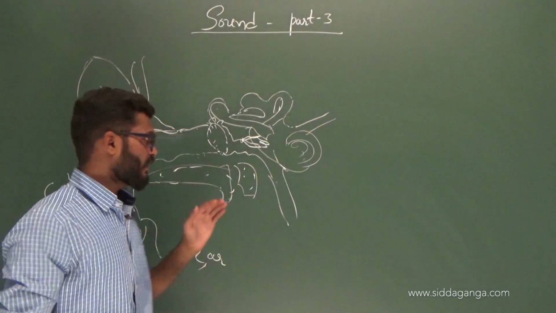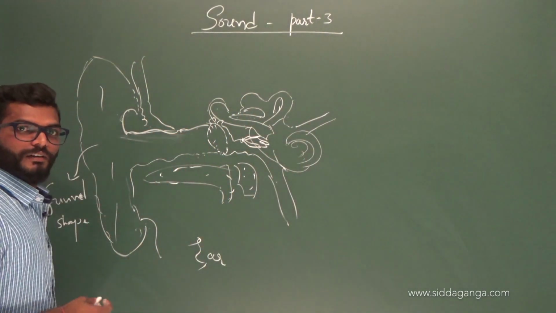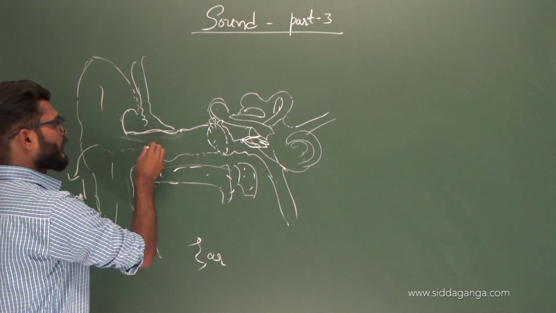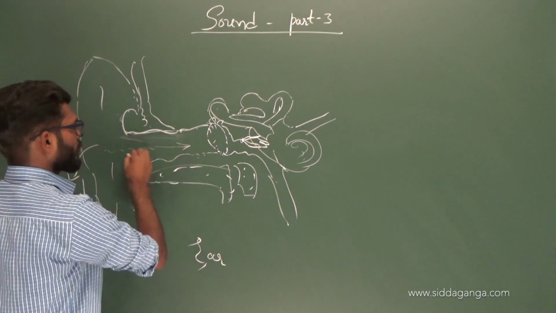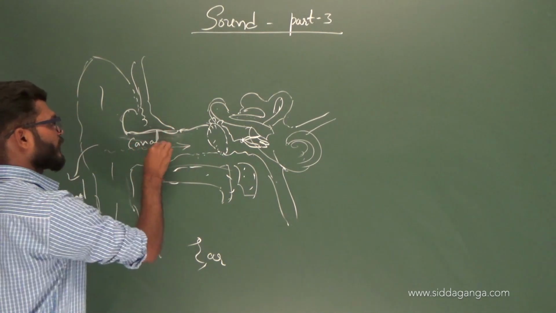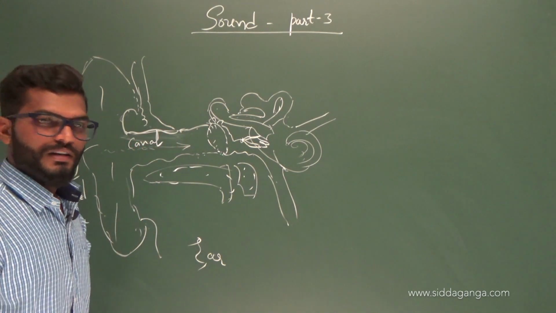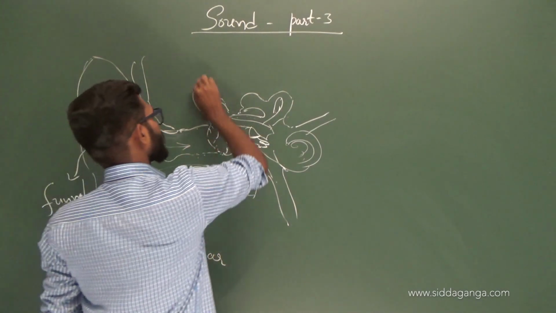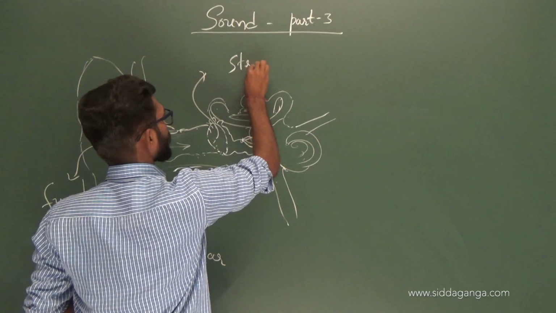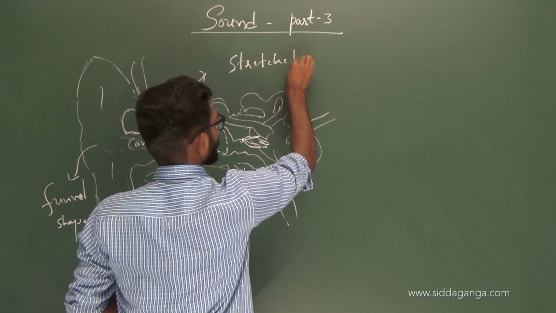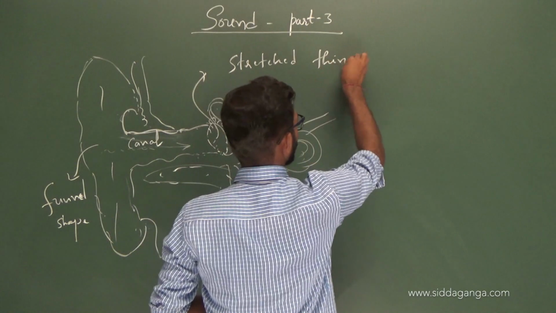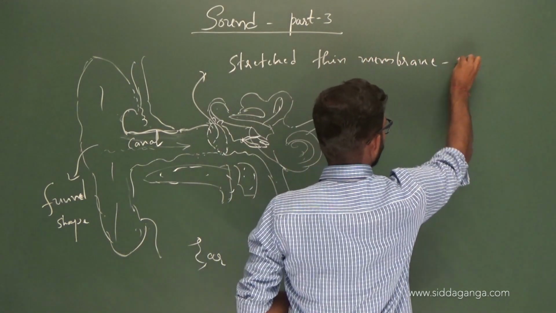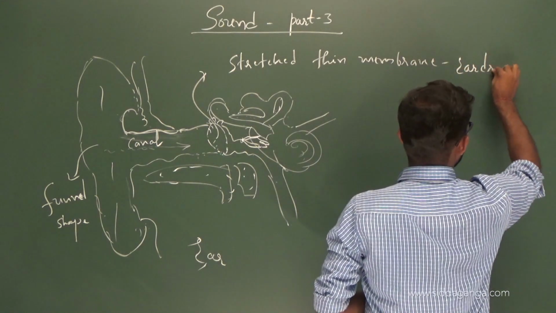That sound enters into the funnel-shaped outer ear, which in turn travels through the canal, and at the end it touches or enters a stretched thin membrane called the eardrum.